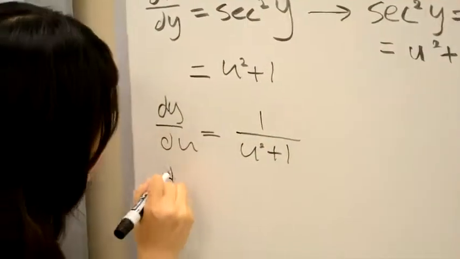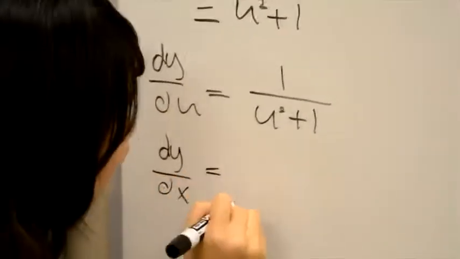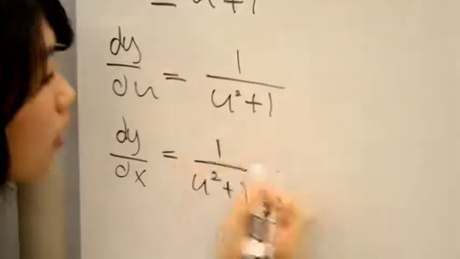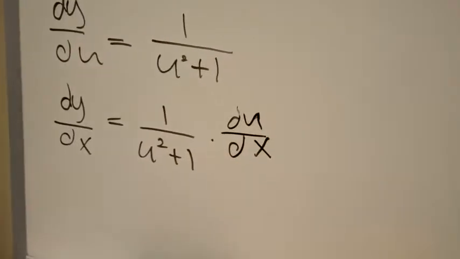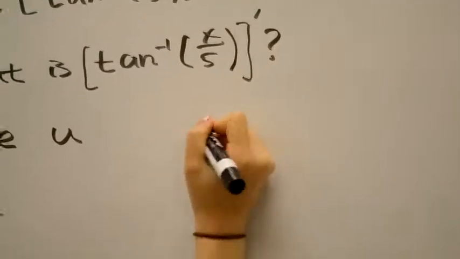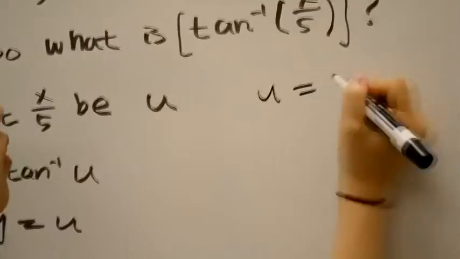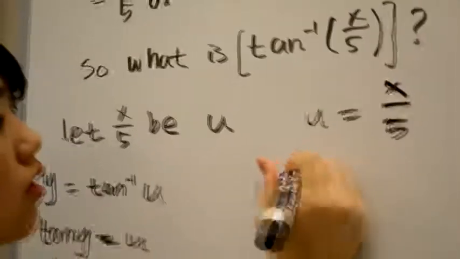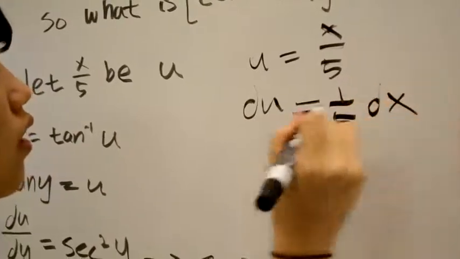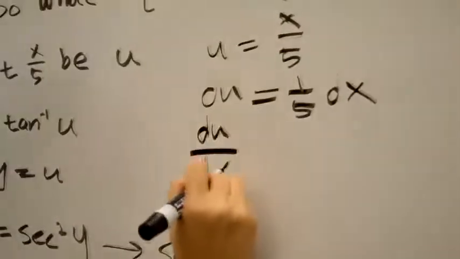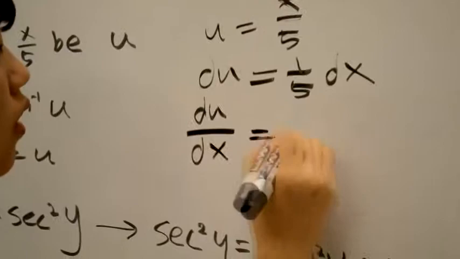And dy/du, which is flipped over, is going to be 1 over u squared plus 1. So when we want to get dy/dx, we're going to multiply by du/dx. And we know that u is equal to x over 5, so du/dx would be 1 over 5.